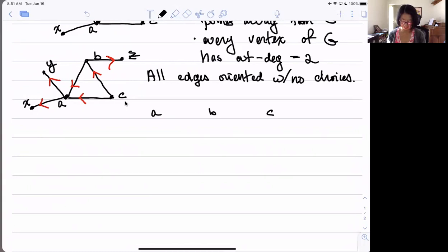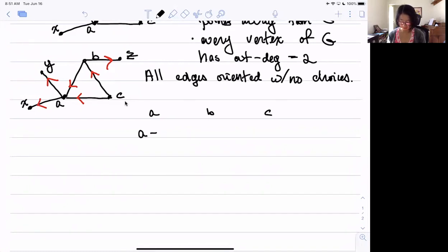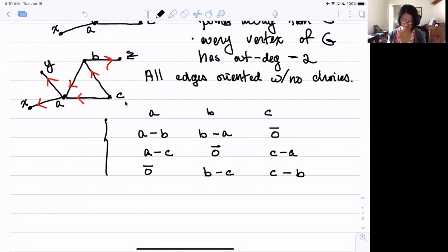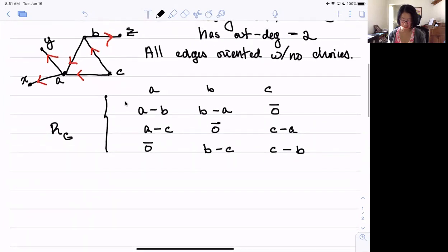And so the rows look like A minus B, B minus A, the 0 vector, and A minus C, the 0 vector, C minus A, and the 0 vector, B minus C, C minus B. So that's the rigidity matrix for G.